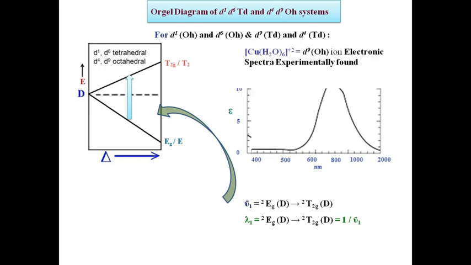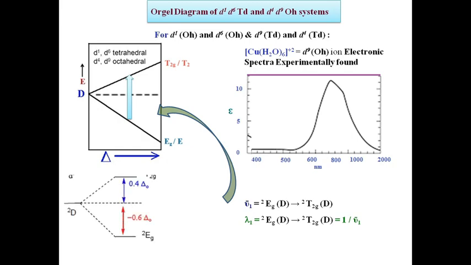Here an absorption spectrum of copper hexaaqua 2+, a D9 complex, is shown, which represents the Eg to T2g transition. We can also find the 10Dq or delta value from the split 2D term.